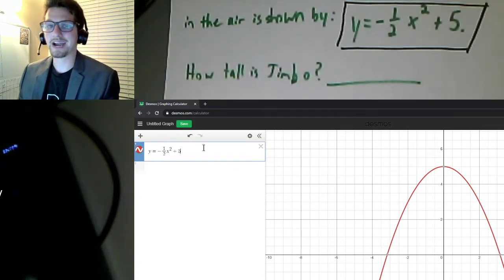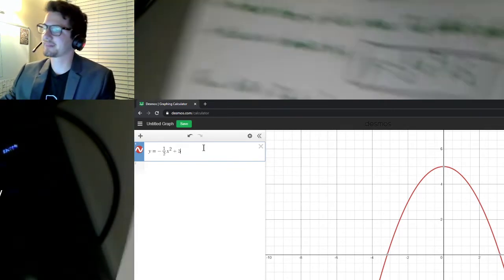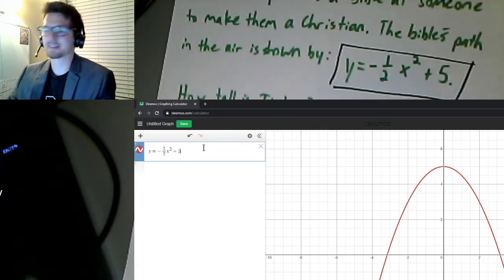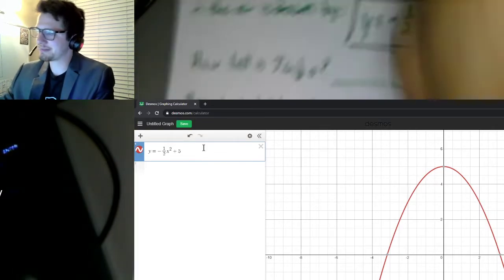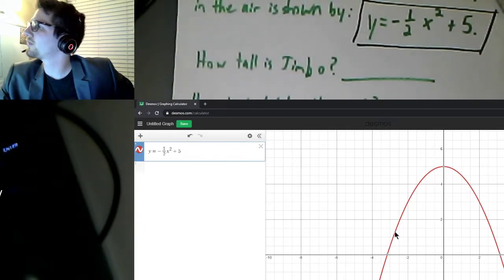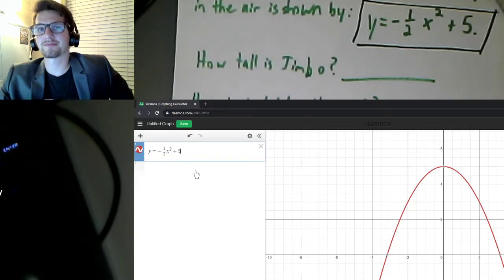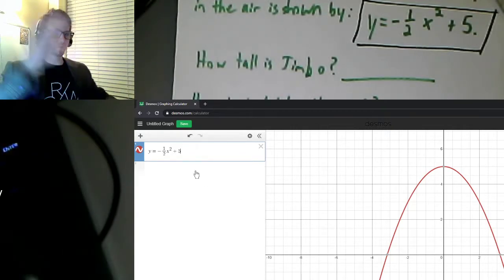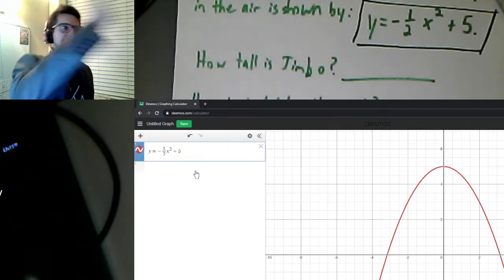Number 1, how tall is Jimbathy? Stay where I want you to stay, paper. There we go. How tall is he? Well, where is he throwing it from? This is assuming that when you throw something, you're throwing it at head level.